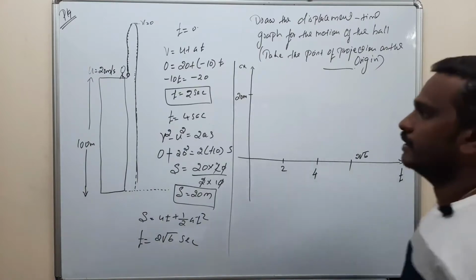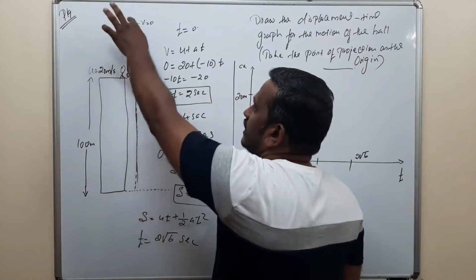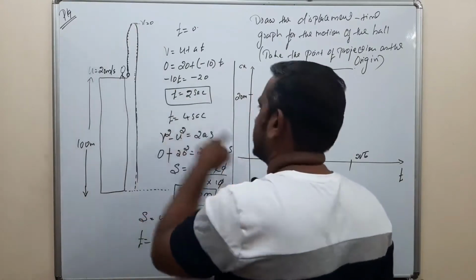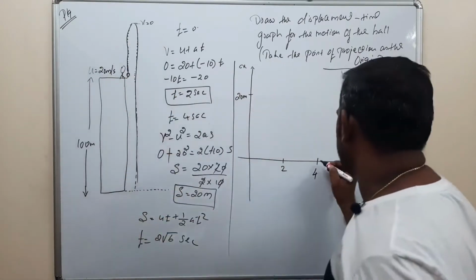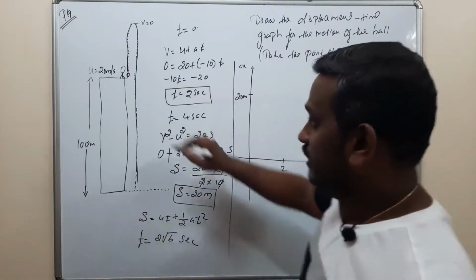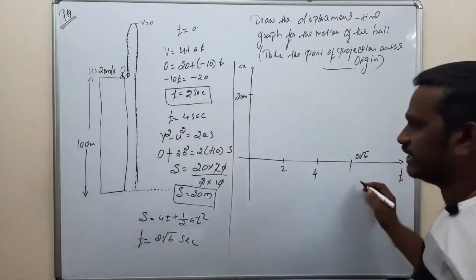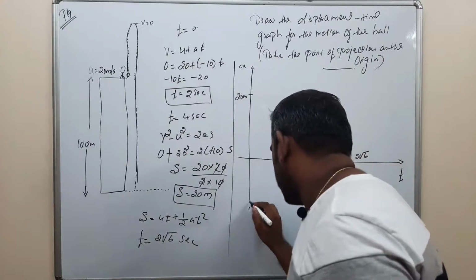When the ball reaches the mean position, that is 4 seconds, the ball comes to the original position, so displacement is 0. At time 2 root 6 seconds, when it reaches the ground, the displacement is minus 100 meter. Right?